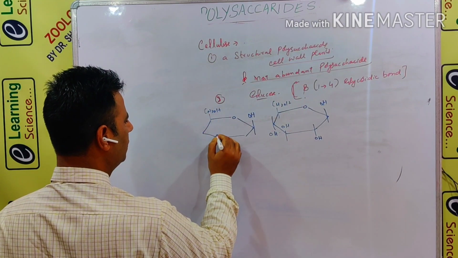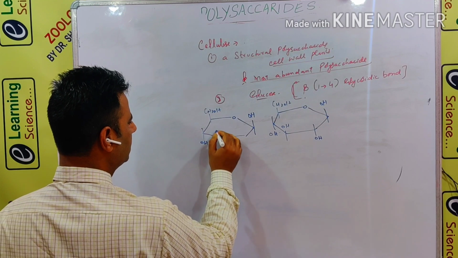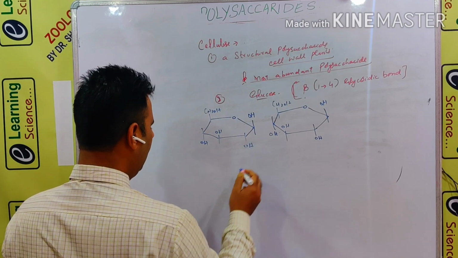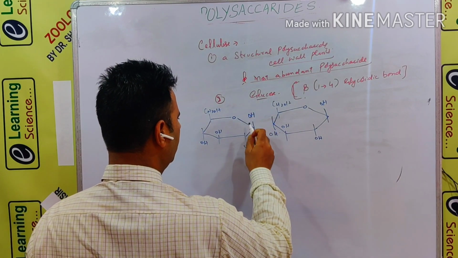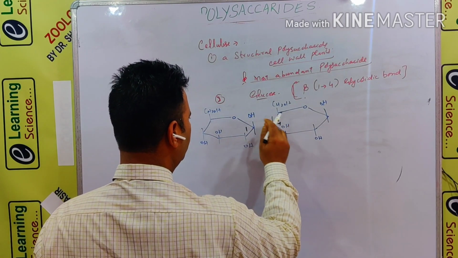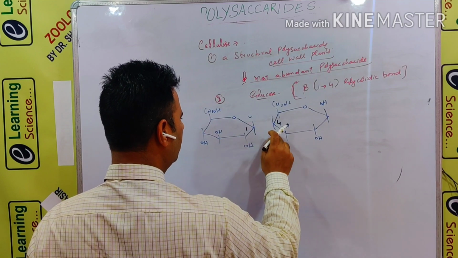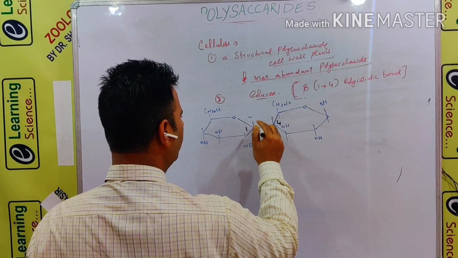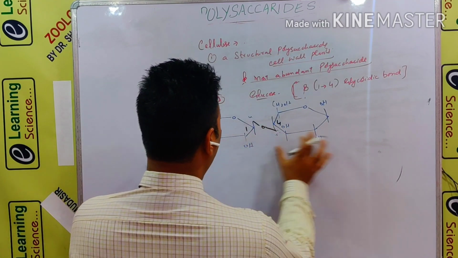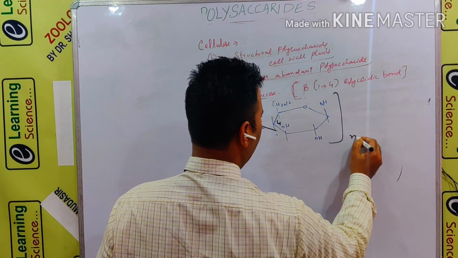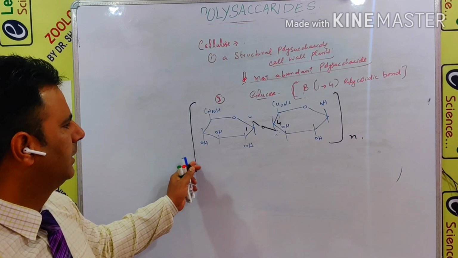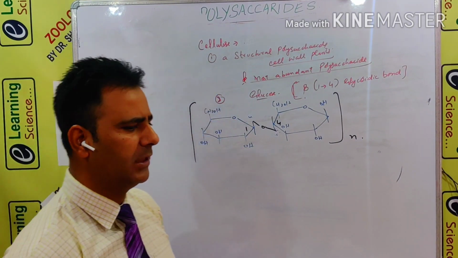How can we make a beta 1,4 glycosidic bond between this OH, this is at position number 1, this is at position number 4? Here this OH and H will go, and here we have O. This type of linkage is known as beta 1,4, and this will continue. N times this will form what we call cellulose.